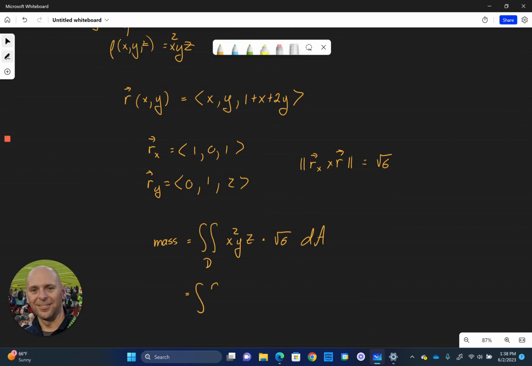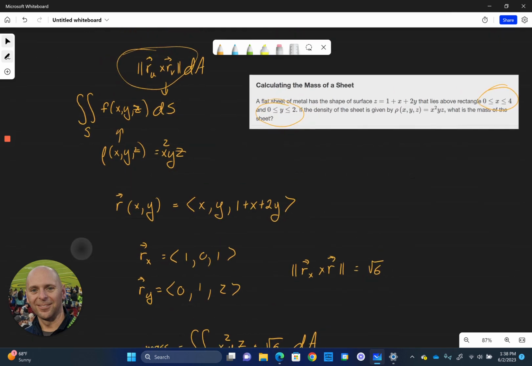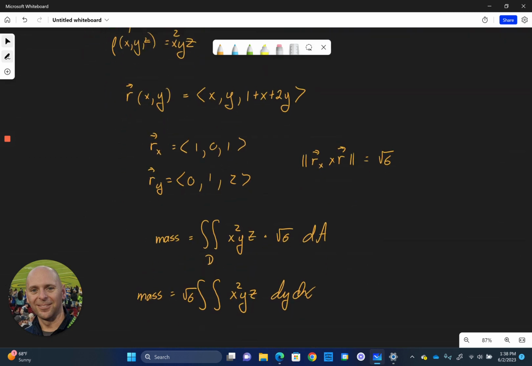We can integrate in whatever order we like. And I'll even bring our square root 6 out in front of the double integral. And I'll maybe just do this as dy dx. So x went from 0 to 4, y went from 0 to 2.